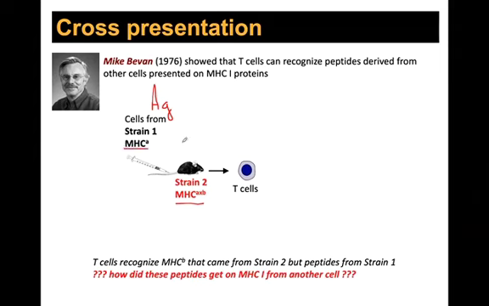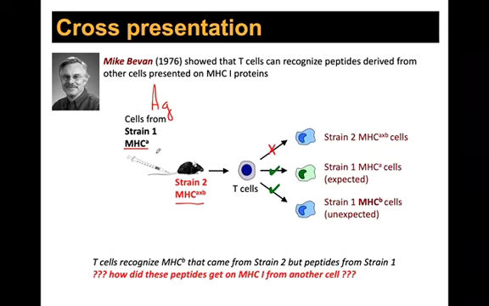Okay, and so what he was looking for is, can I get recognition of strain A peptides or strain A proteins on strain 2 MHC-B? Okay, so if you have strain 2 with MHC-A and B, those are not recognized because there's no antigens here. This is just self. So they don't recognize self proteins, self peptides on self MHC. However, they do recognize strain 1 proteins, or strain 1 peptides on the strain 1 MHC, okay?